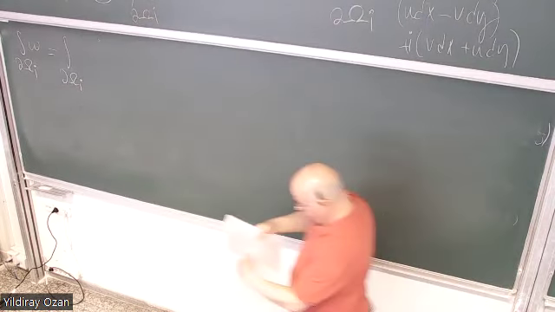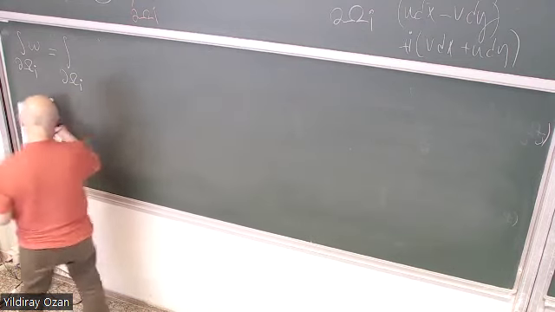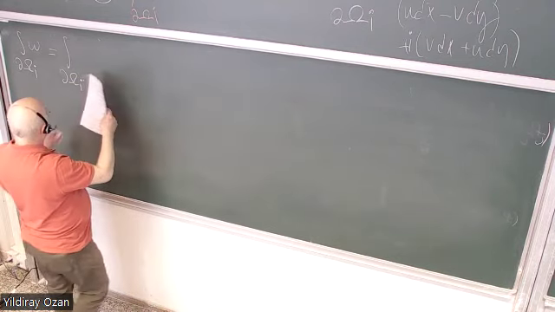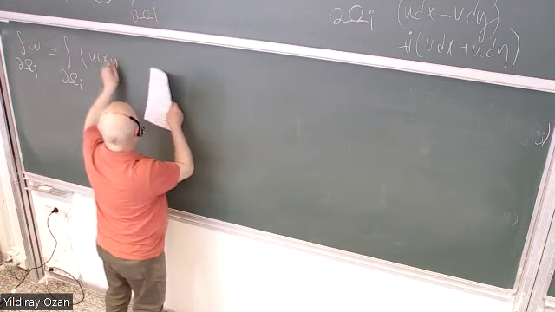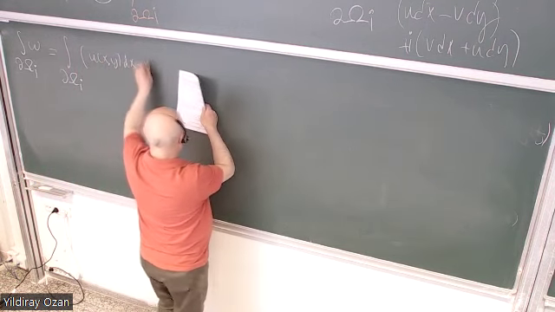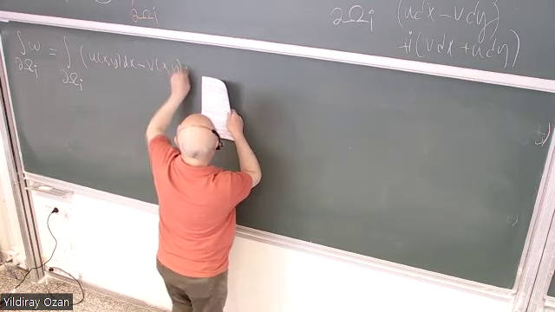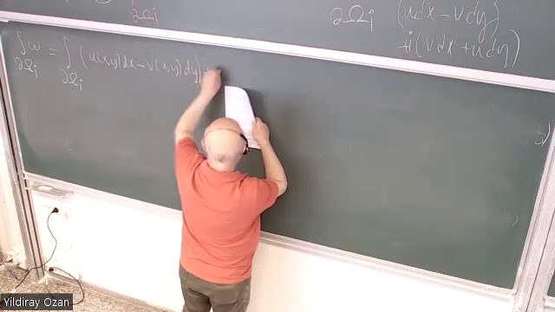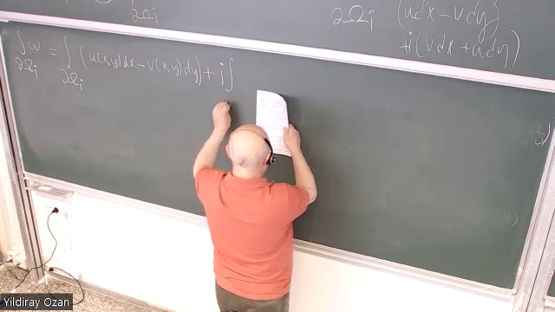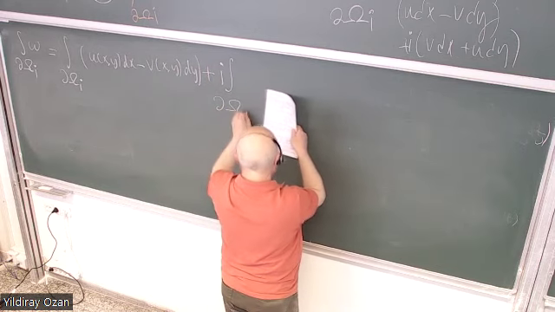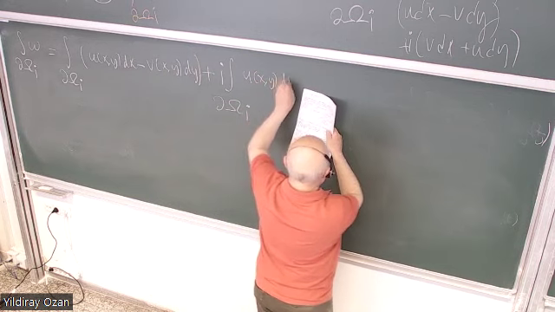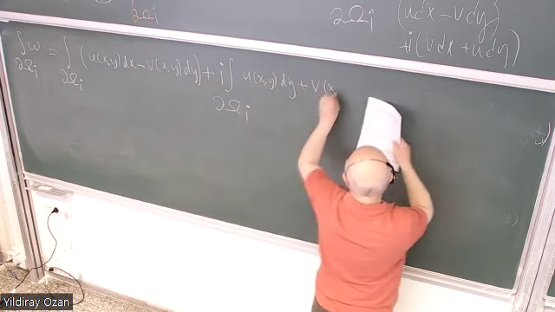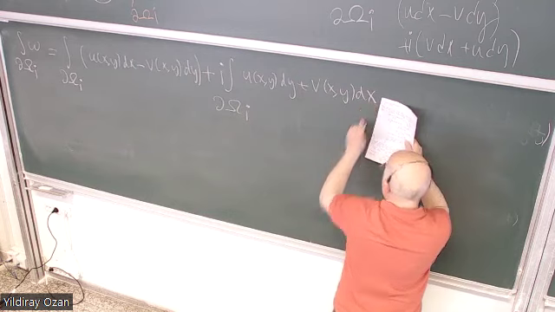So I have the real part u dx minus v dy, and then imaginary part u dy plus v dx.